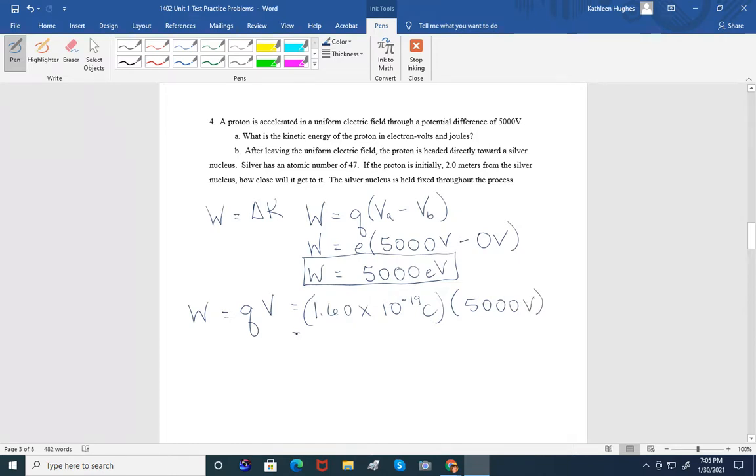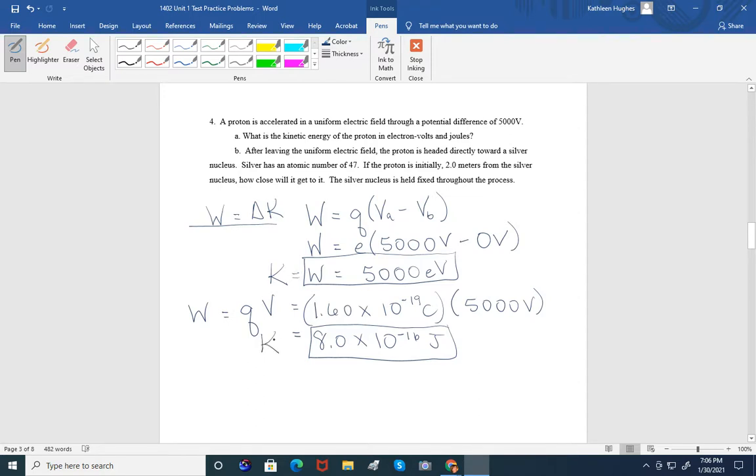If I put that in my calculator, I get that the kinetic energy, or the work done, is 8.0 times 10 to the negative 16 joules. In either case, that will be the kinetic energy. So I found work, but that's the work energy theorem: the kinetic energy is equal to the work.